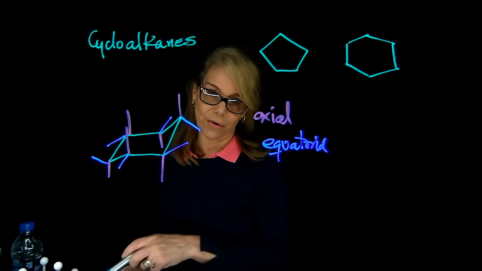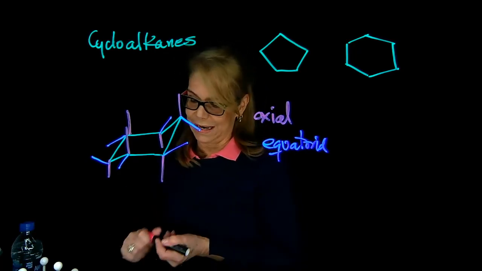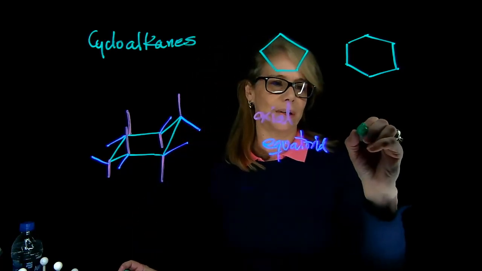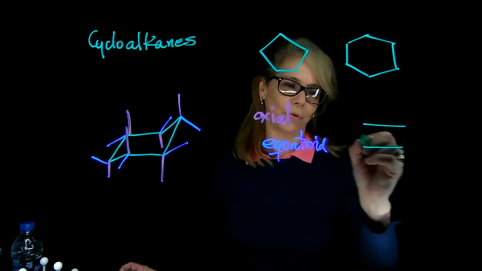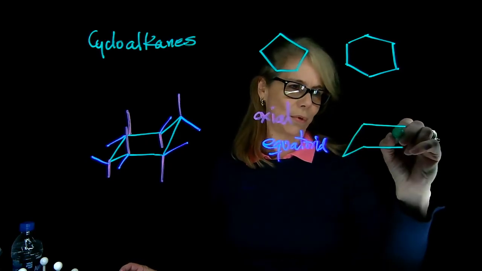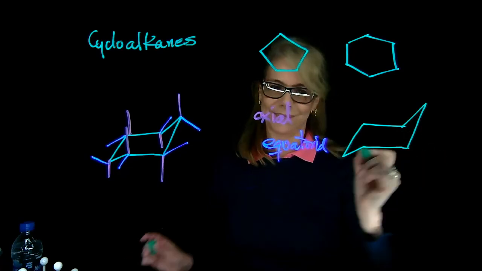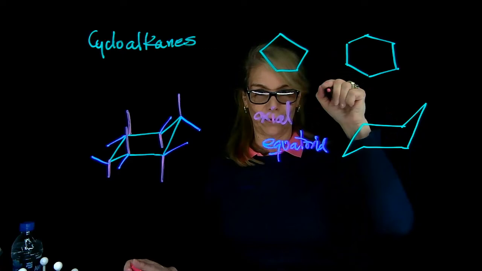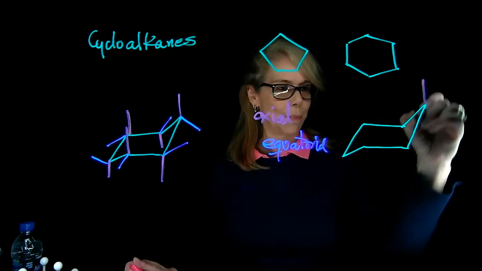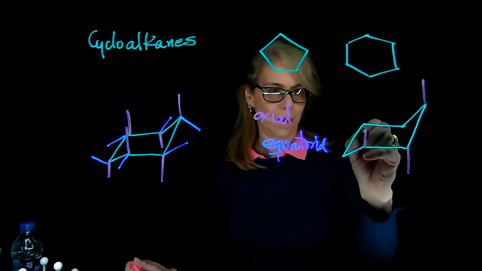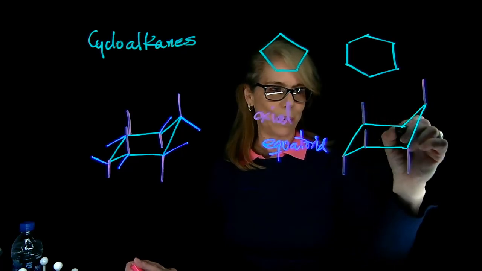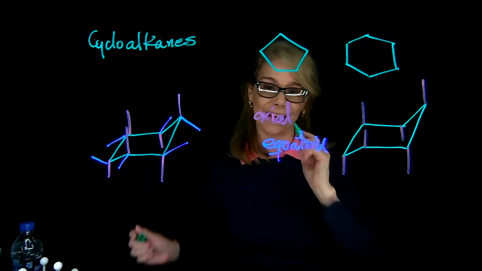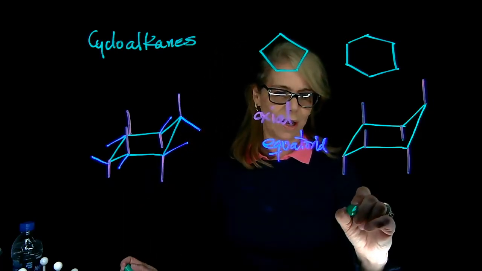I'm going to redraw it again to show you how to do the axial and equatorial. So let's do just one type of position. Again, we're going to draw the central part, then we draw this part, and now let's do axial position, so vertical lines. So up, down, up, down, up, down. And same thing, we're going to be doing the same chair, but now just the equatorial positions.